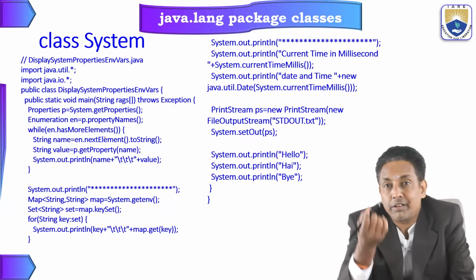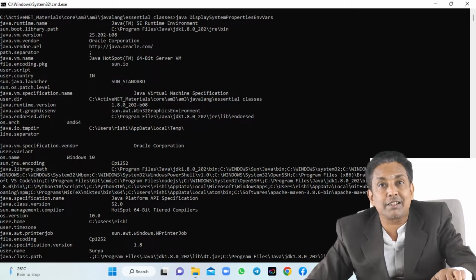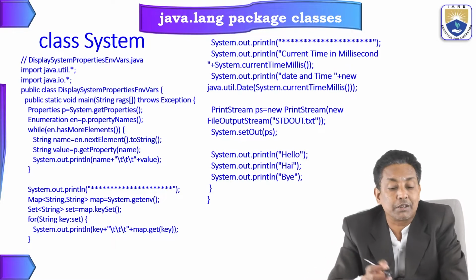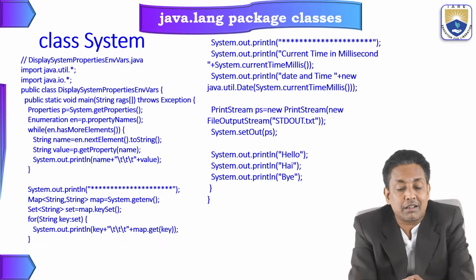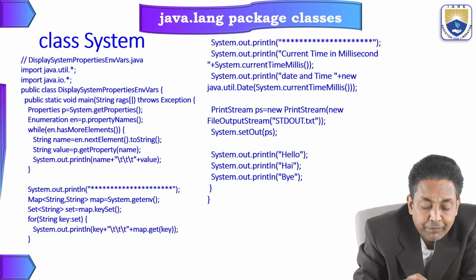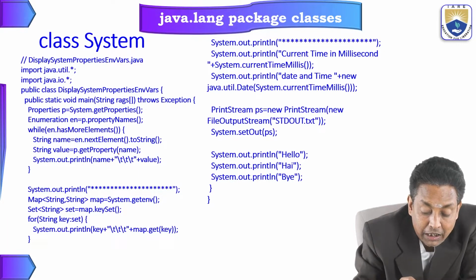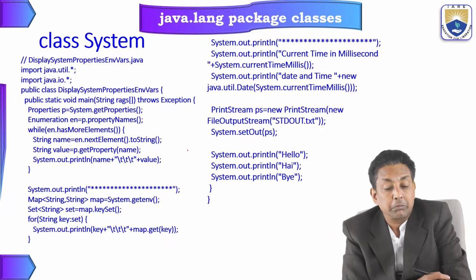Enumeration.nextElement will return each and every element, and the element is nothing but the key, on the left hand side, all the keys are the properties. So the nextElement method returns an object that we convert using the toString method. You got the property name. With the Properties class object's getProperty, if you pass it the name, you will get the value. Both we are printing here.